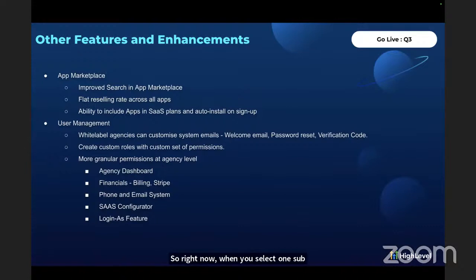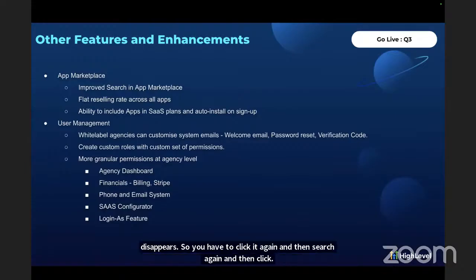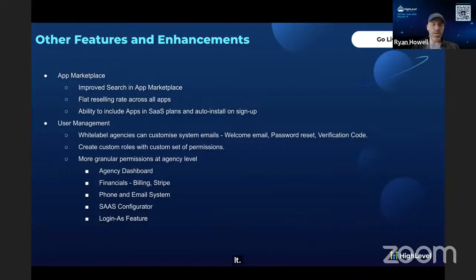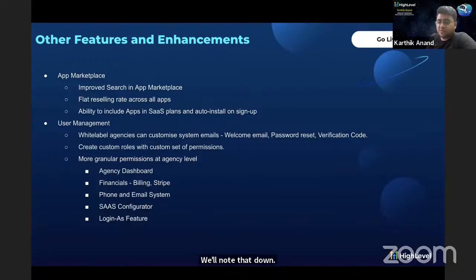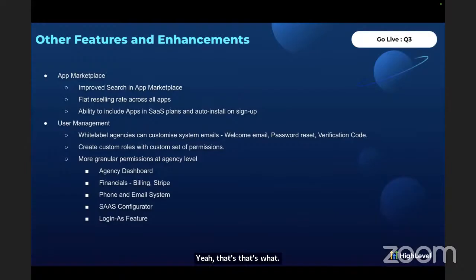So you have to click it again, search again, and click again. It was like that before multi-select. Got it. Yeah, good UX feedback. We'll note that down. Thank you. We'll take care of that. Great feedback.